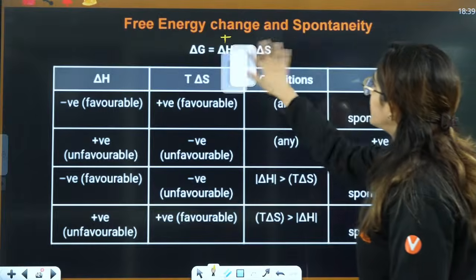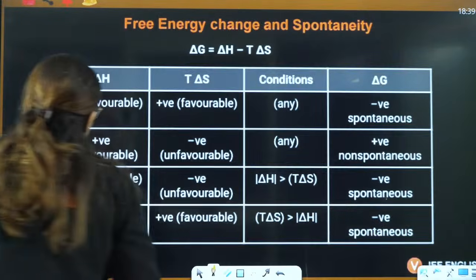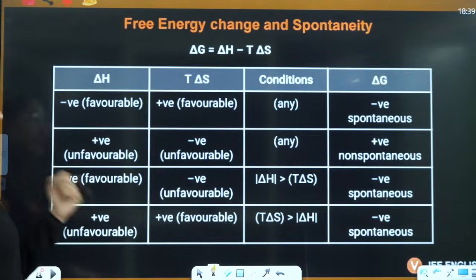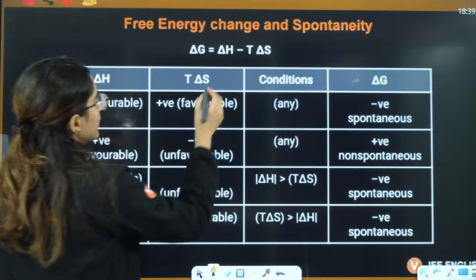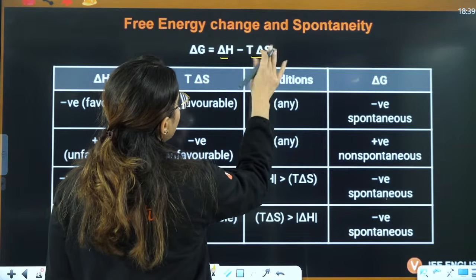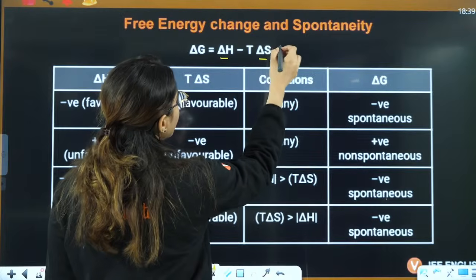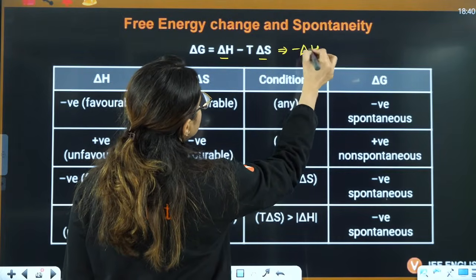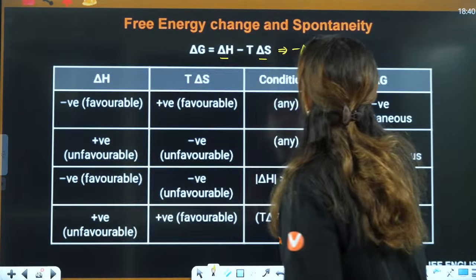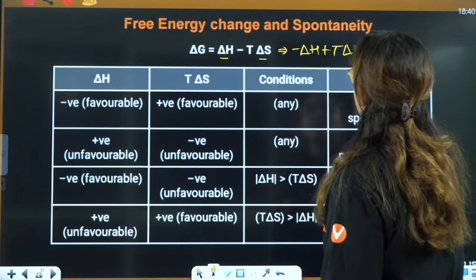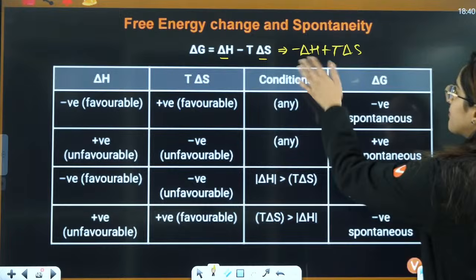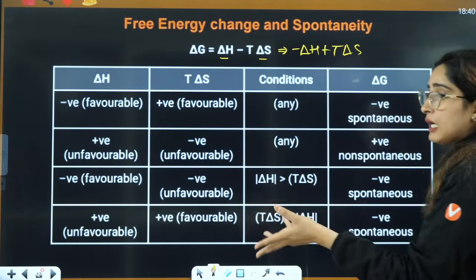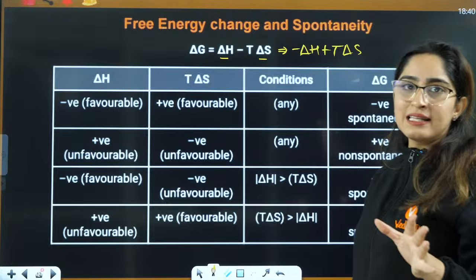Next, if I say delta H is negative, T delta S is negative. This is negative and this is also negative. This negative negative will become positive, so it will become minus of delta H plus of T delta S. And when I put these points, that means I am talking about only the values, not the signs here.